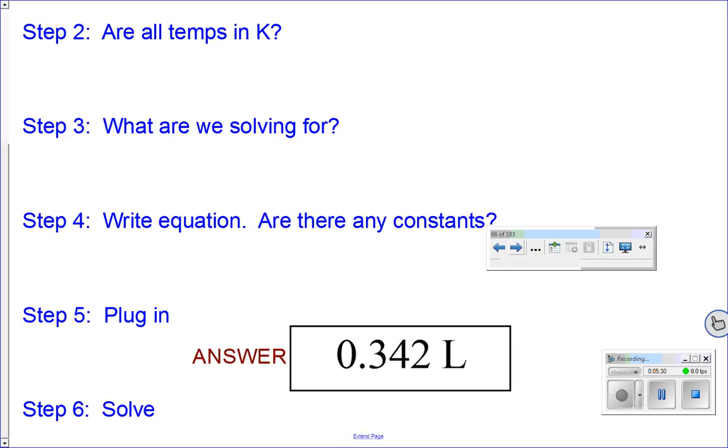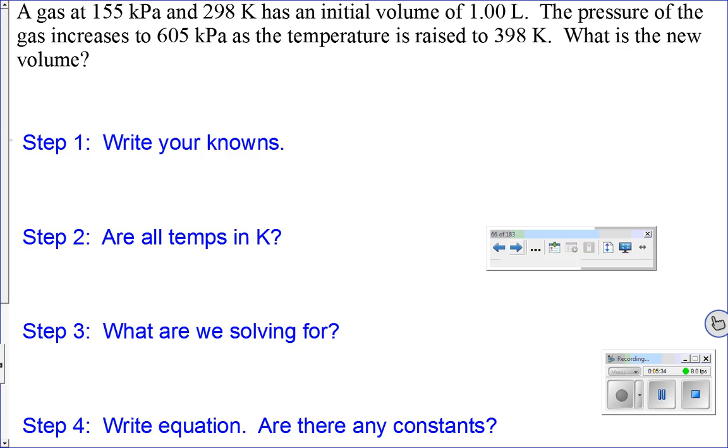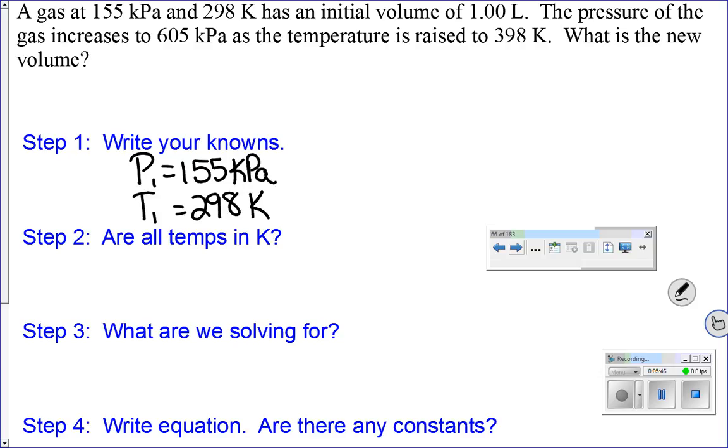So the answer you should have gotten for this problem is 0.342 liters. To walk through this with you and show you your work, we have a P1 of 155 kPa, a T1 of 298 K, and we also have an initial volume of 1 liter.